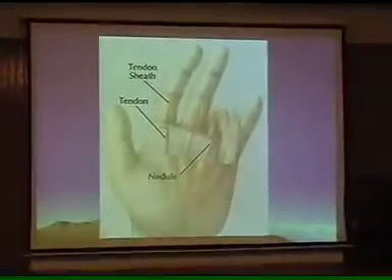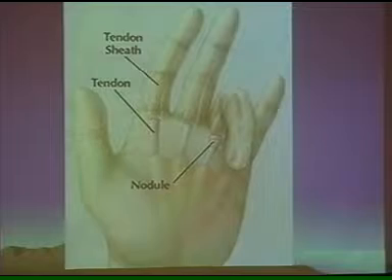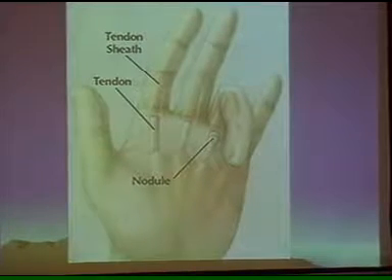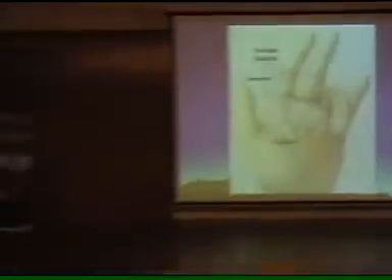But we do see these problems in others, like Dupuytren's contracture, and sometimes the etiology is not known, and it develops idiopathically. This is sort of a picture. Normally, what we see in this problem is a nodule at the metacarpophalangeal joint.